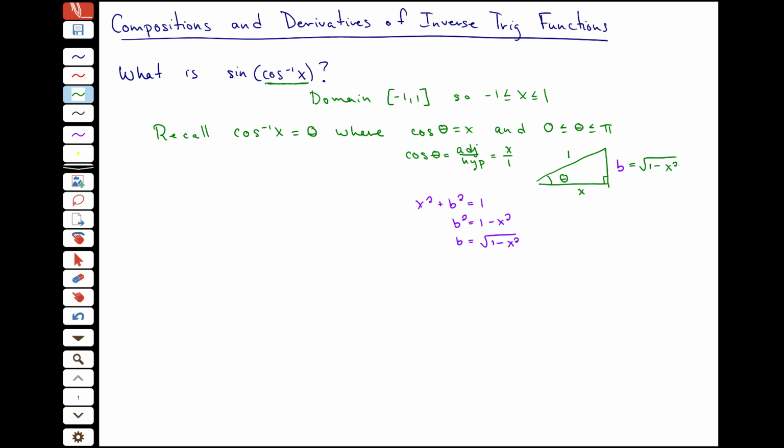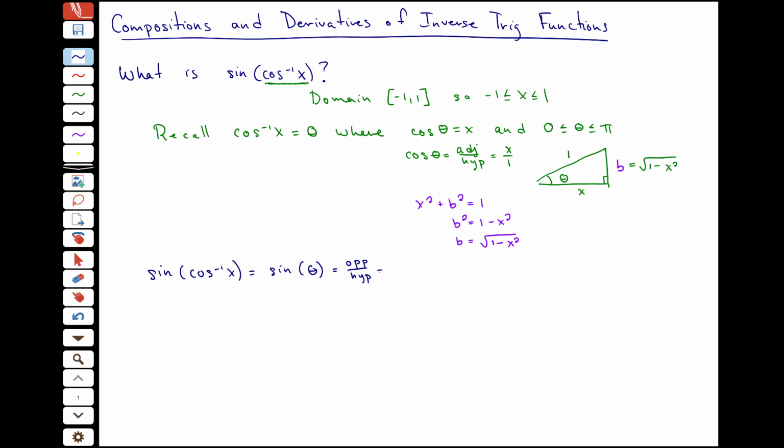Okay, now this is fantastic, but what on earth does it have to do with our original question of sine of arccosine of x? Well, remember, arccosine of x is this angle theta that is now in this triangle. And what we know of sine of an angle is that it is opposite over hypotenuse.